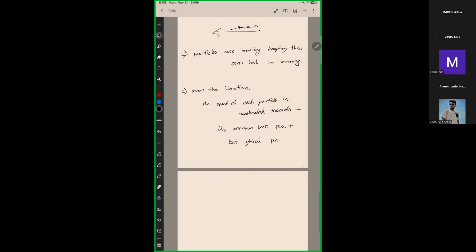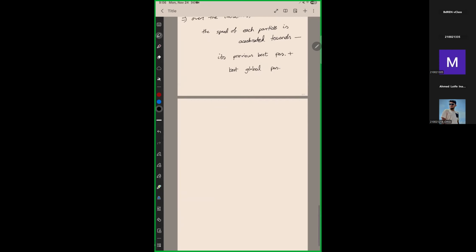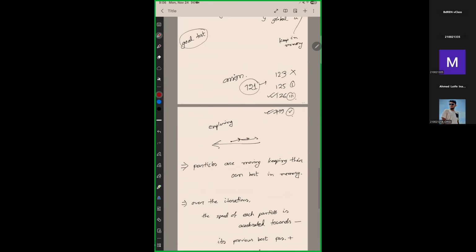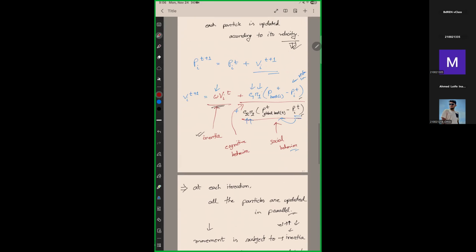Now, let's see. The parameters or the coefficients that you have will determine this. So what are the parameters? Which is C and R. Remember in the equation, we had C1 R1 and C2 R2, the C value and R value.